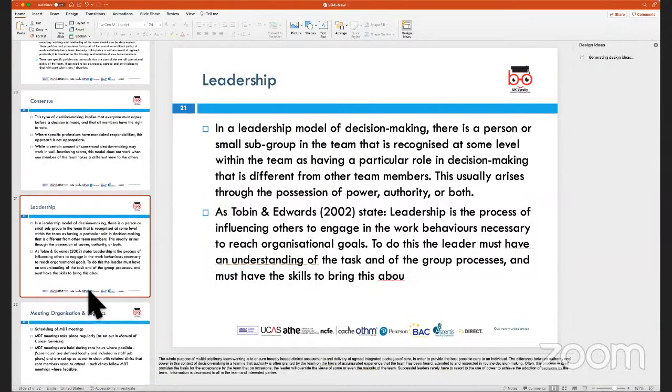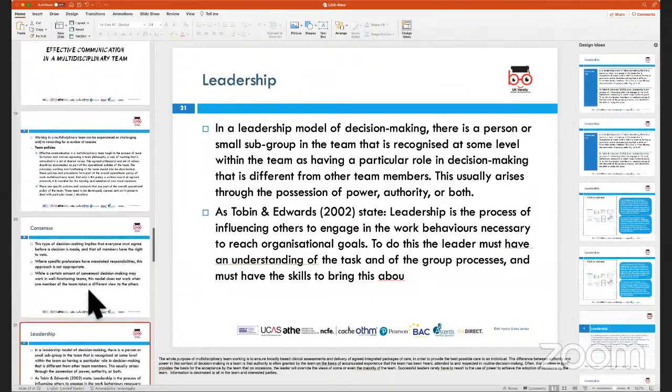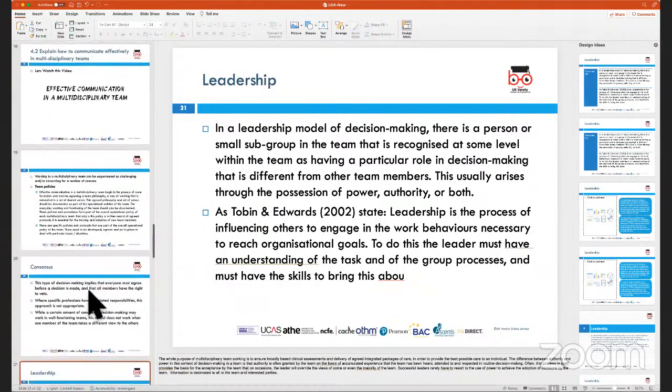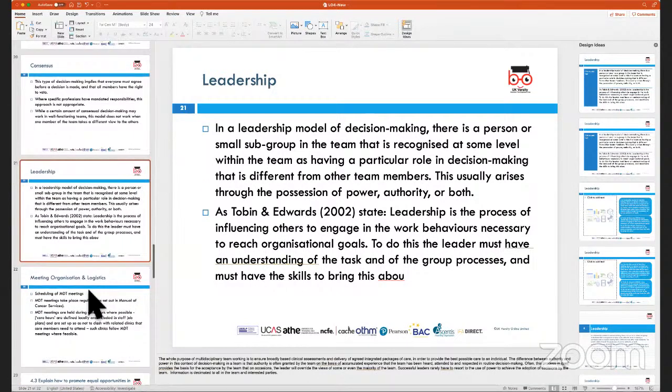We also look at, when we talk about effective communication, the role of leadership. It is very important, from a point of view of making communication effective, that people in the leadership position are able to strike a chord with the team members, in the sense that they are able to build a relationship.